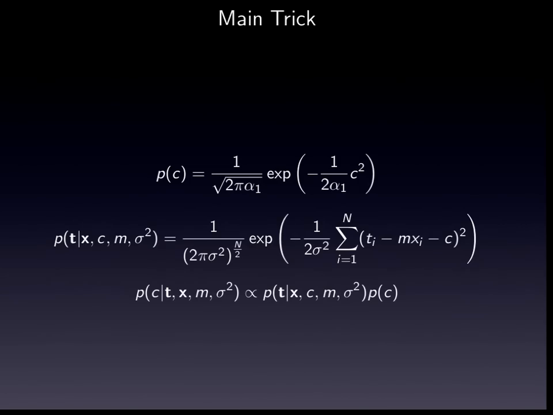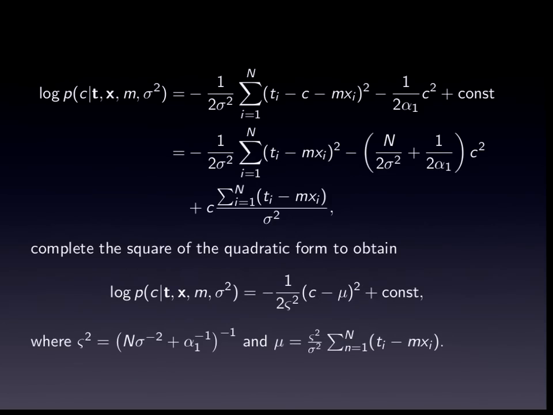What you have to do next is sort that Gaussian into a quadratic that you can identify with a mean and a variance. So I've put log because I just want to show the term in the exponential.